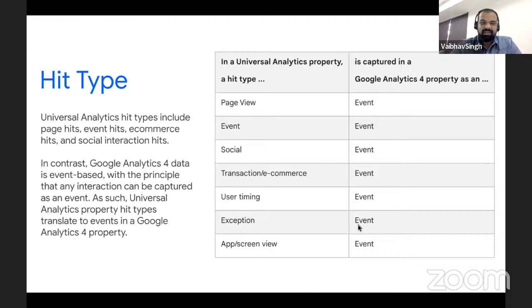We used to measure page views, events, social, any transaction if you integrated any e-commerce widget inside your website, user timing, bounce rate, duration, and if you're using apps, how many app or screen views have occurred. So all these were different parameters, and all these used to fire based on what you had added inside your analytics, or what code you had added inside your website.